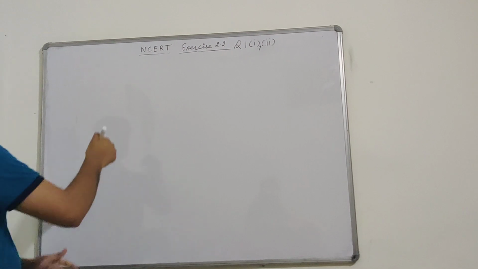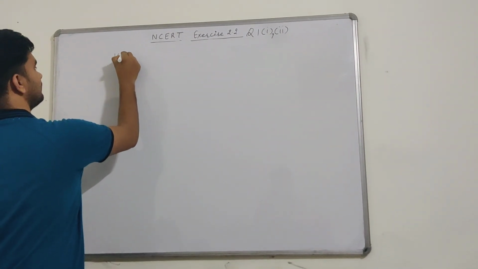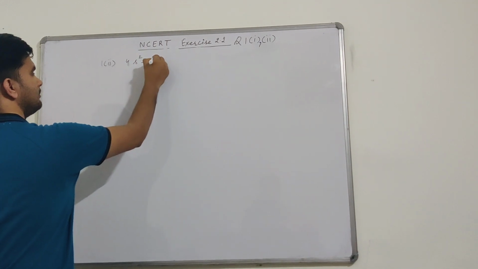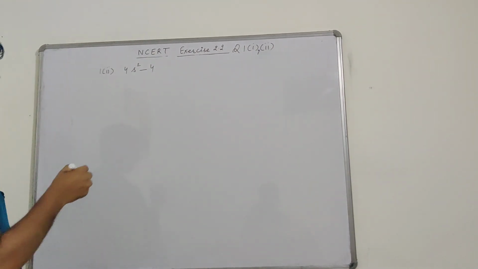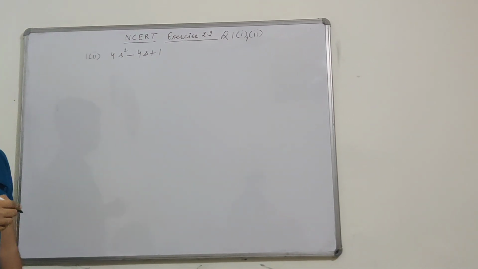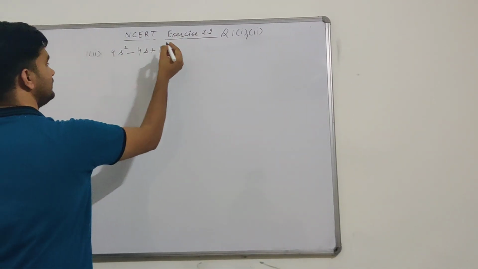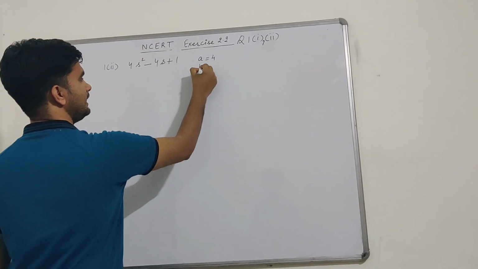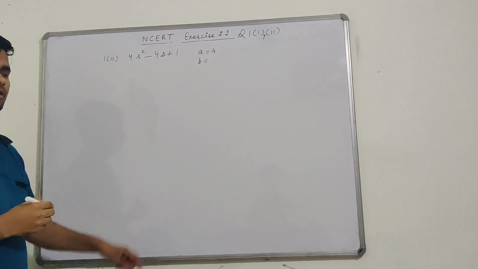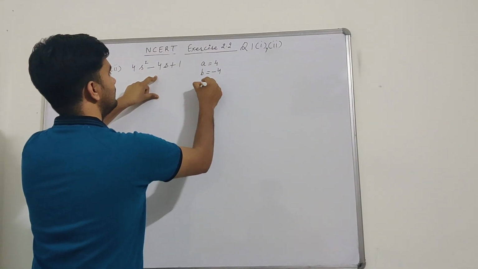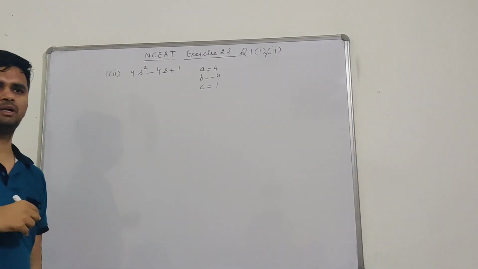Next part is 4s square minus 4s plus 1. Now compare it with the general form of polynomial. You will get a is equal to 4, b is equal to minus 4, c is equal to 1.